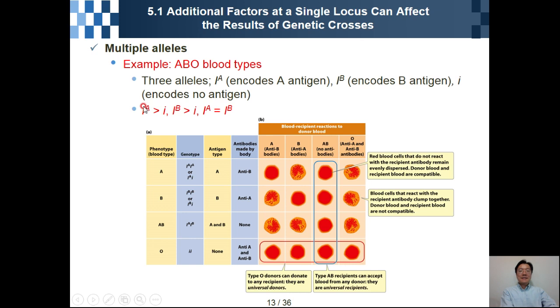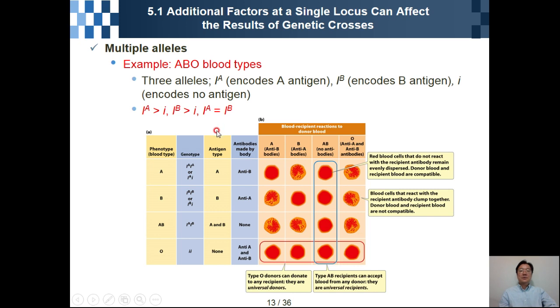Large IA is dominant over small i, and large IB is also dominant over small i. But between large IA and large IB, they are similar to each other. There is no dominant and no recessive.